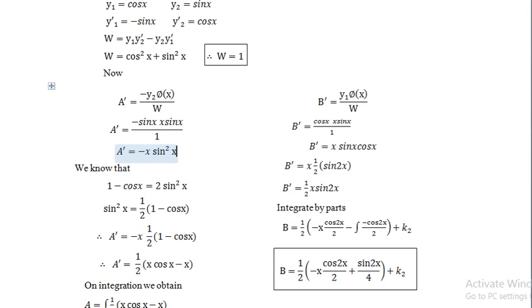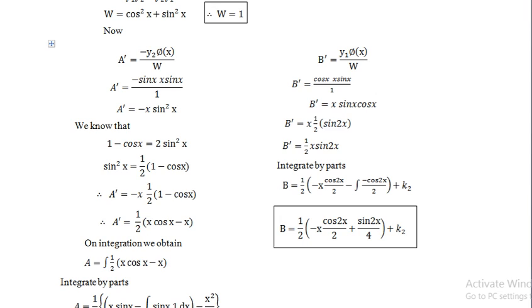So in place of sin square x, now we will use 1 by 2 times 1 minus cos 2x into x here.